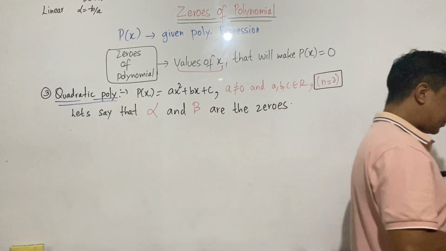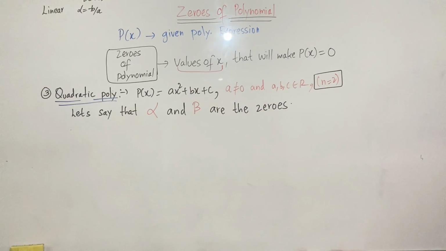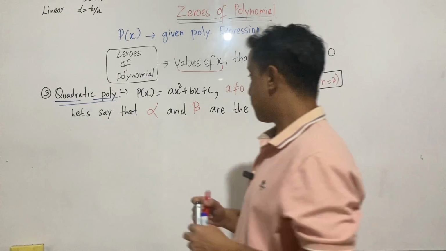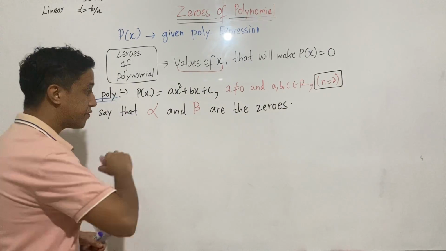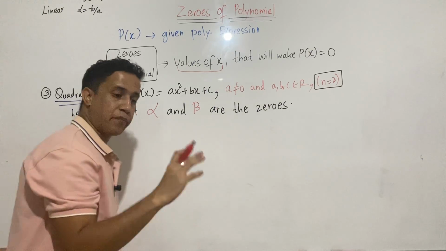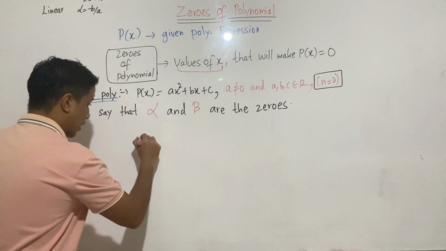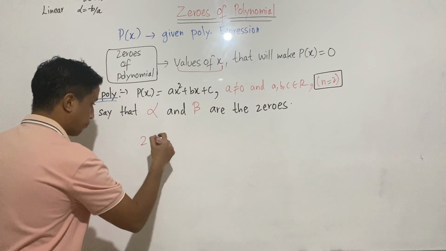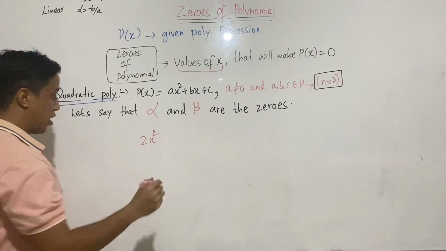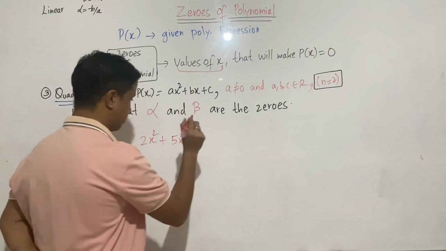Now I'm taking one example here just to make things a little clearer for you. Let me take one quadratic polynomial expression, 2x squared plus 5x plus 2.